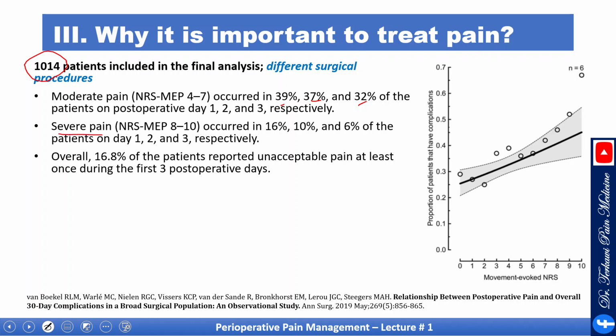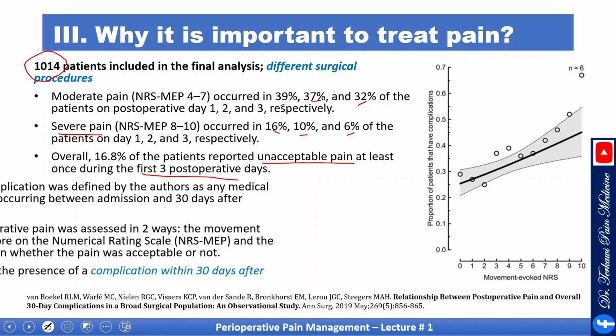Severe pain occurred in 16%, 10%, and 6% on postoperative days 1, 2, and 3, respectively. Overall, almost 70% of patients reported unacceptable pain at least once during the first 3 days postoperative.